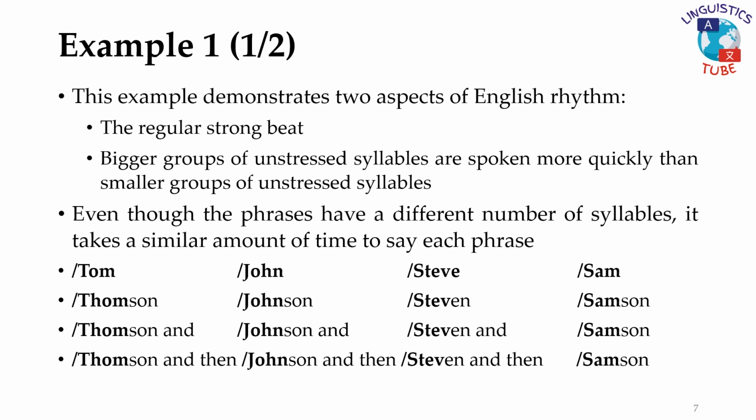On your screen, the strong beat is the syllable which is thick black. If you clap or tap your table while I say it, you will hear that the beats are at regular time intervals. Tom, John, Steve, Sam.